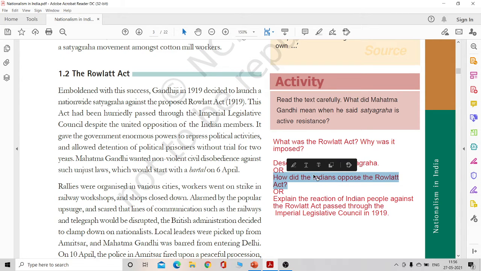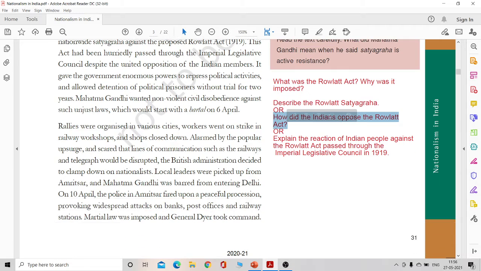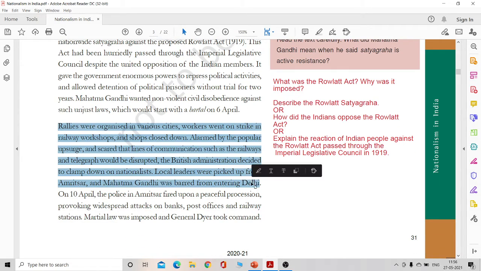A combination of these two questions can also come, like what was the Rowlatt Act and how did the Indians oppose it? Here, of course, you have to mention the Rowlatt Satyagraha, which Mahatma Gandhi called for. Rallies were organized in various cities. Workers went on strikes, and railway workshops and shops were closed down.